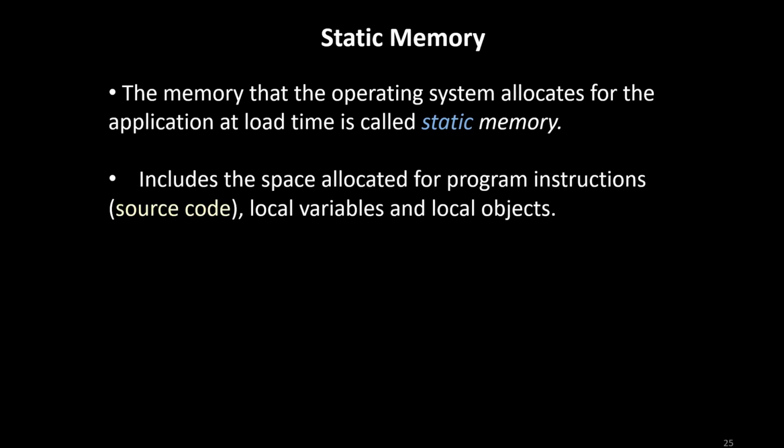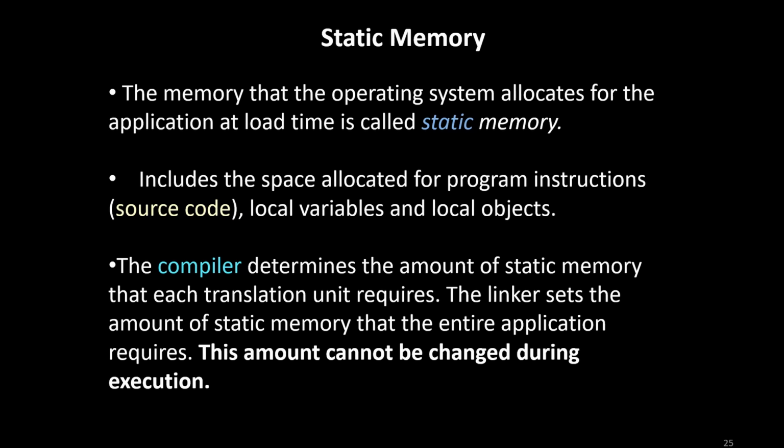This includes the space allocated for program instructions or your source code, local variables, and local objects. The compiler determines the amount of static memory that each translation unit requires. The linker sets the amount of static memory that the entire application requires. This amount cannot be changed during execution.